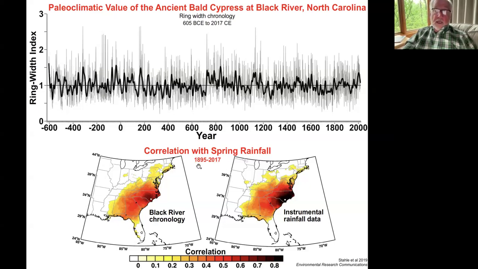We did a correlation analysis with that gridded data from 1895 to 2017 using our Black River tree ring chronology shown in the white dot right there. And we got correlations around 0.7 close in, and it decays with distance. But even that one chronology in southeastern North Carolina is correlated at least a little bit, 0.2 maybe, with Maryland, if you believe that. So that's pretty cool.